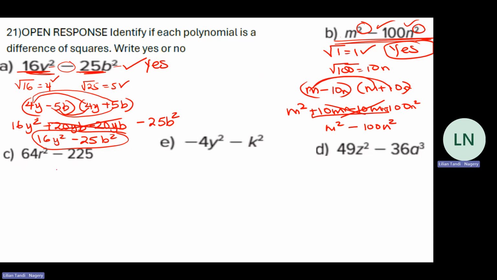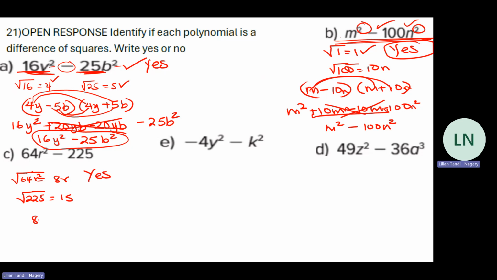All right, let's do this one. The square root of 64. 64 is a perfect square, so that is 8. But that has r, so this will be 8r. Then you do the square root of 225, which should give you 15. So now this should be a yes.